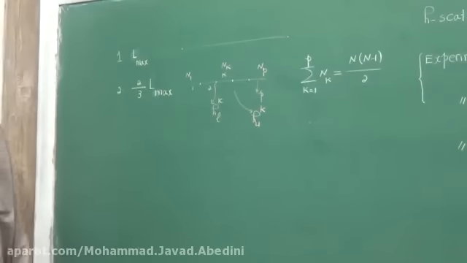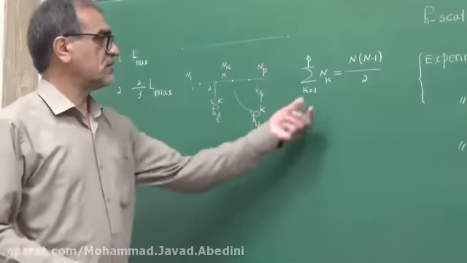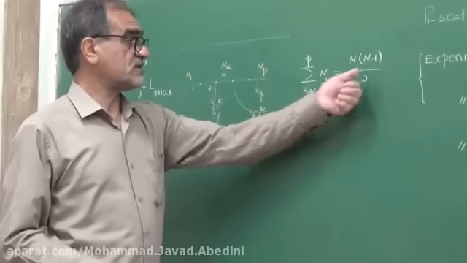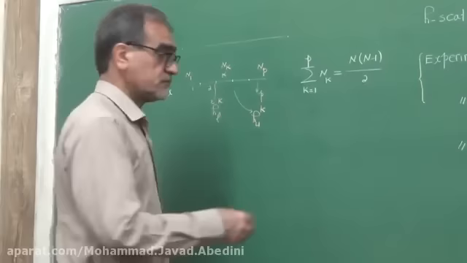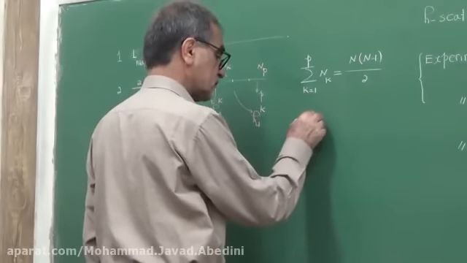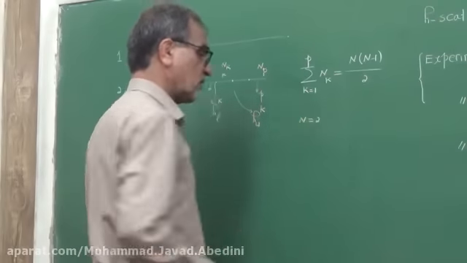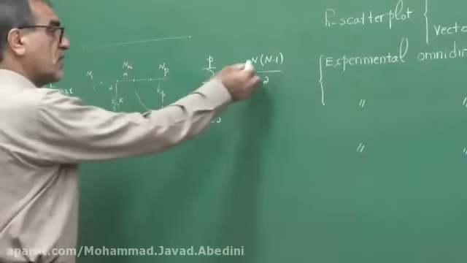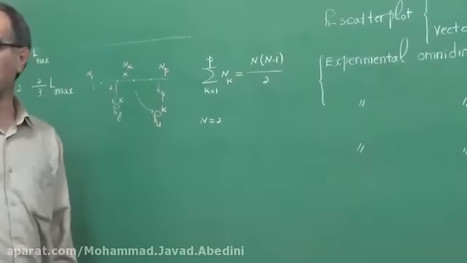Could it be possible to check this formula when you have 2 points? If you have 2 points, what would be the total number of pairs? 1. If you plug 2 here, it will become 1.